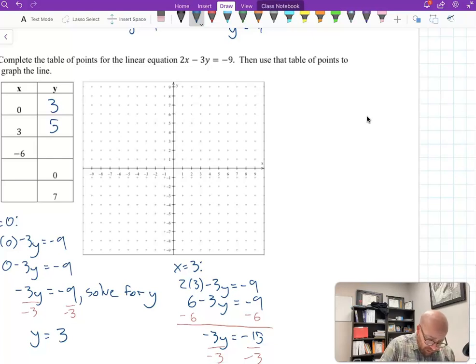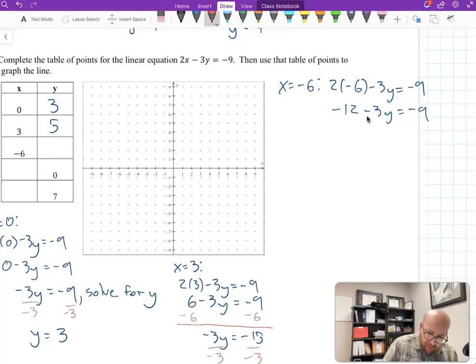Now for x equal to -6, we have 2x minus 3y, so we have 2 times -6 minus 3y equals -9. 2 times -6 is -12.